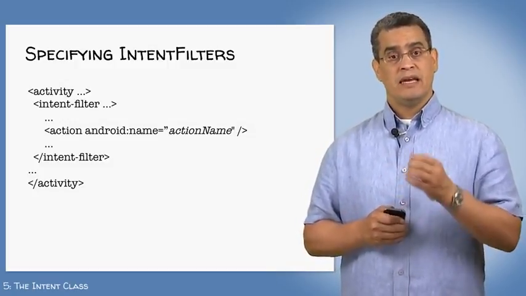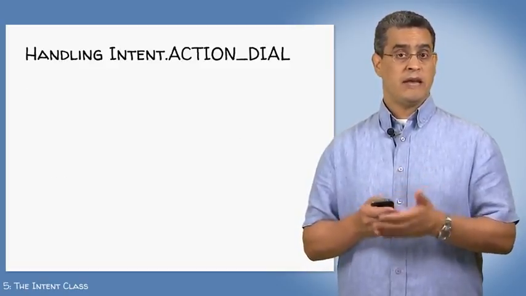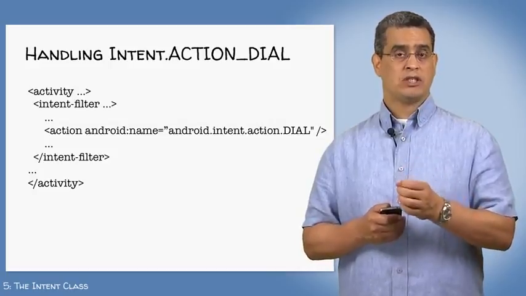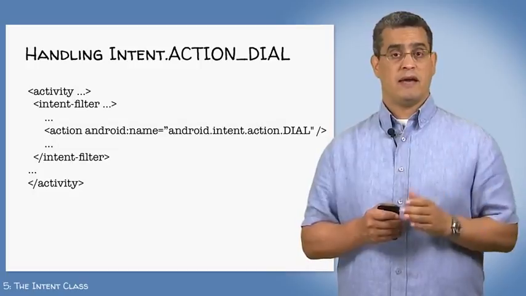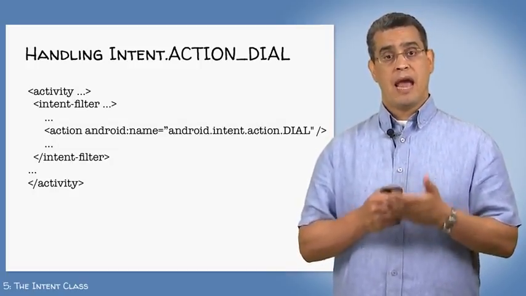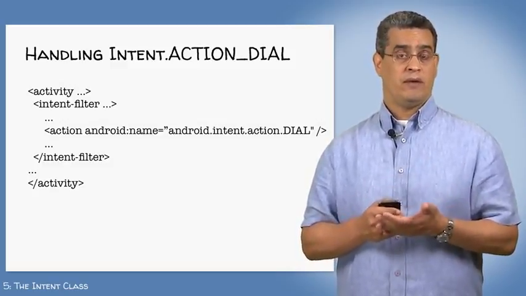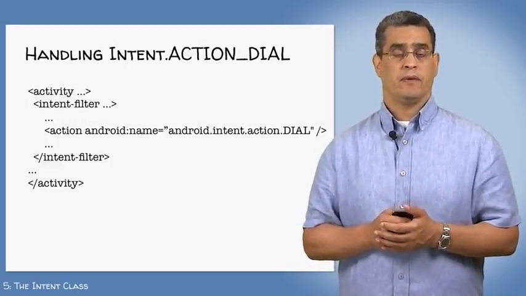For example, if an activity can dial phone numbers, then it should include an intent filter with the standard action Intent.ACTION_DIAL. Now that's the Java name for that. The actual value is really a string. So you'll see android.intent.action.DIAL, and that's the value that will actually be written into the intent filter.